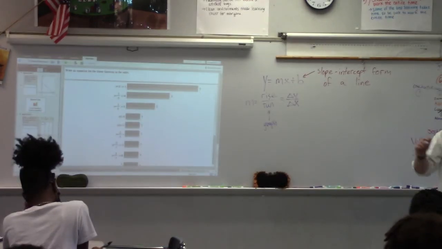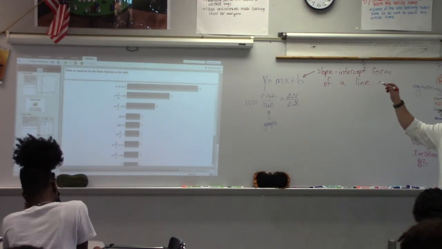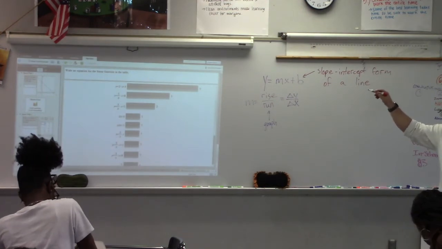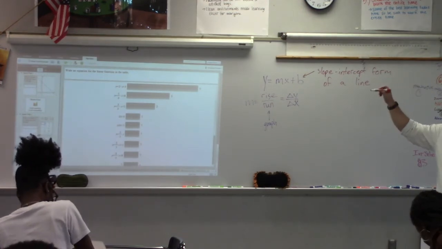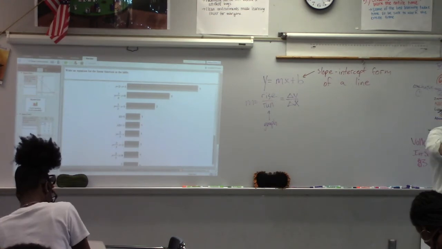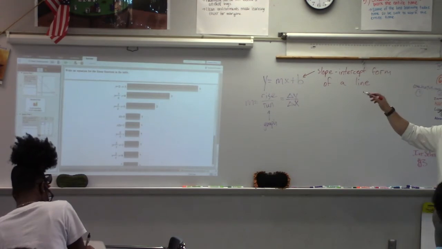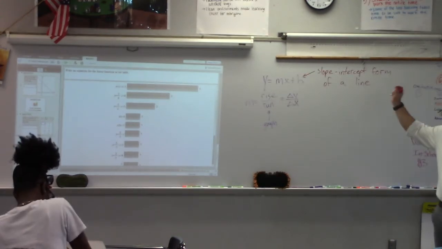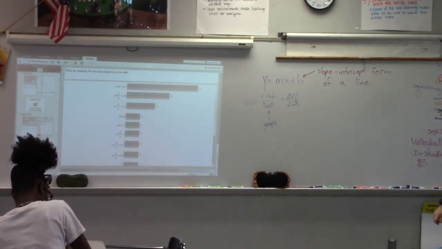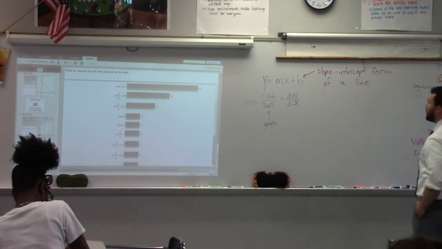I'm telling you that the proper language for this is the equation of a linear function. If that is ever asked for in my class, on the ACT, on any other test that you ever take, that's what they're asking for, the equation of a line. That is the proper mathematical language for this.